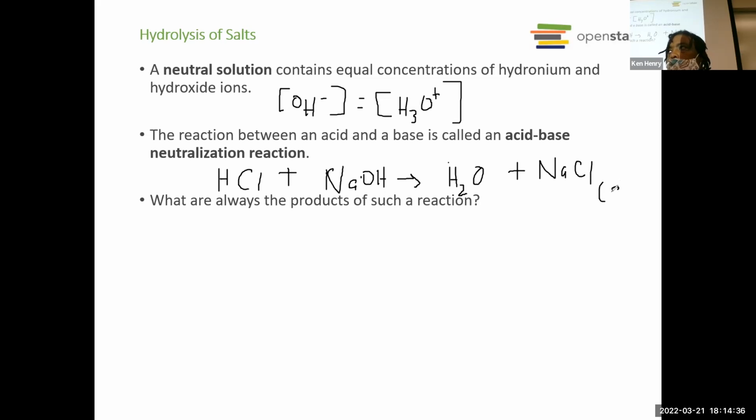We already know that this is going to be aqueous. This here is aqueous.